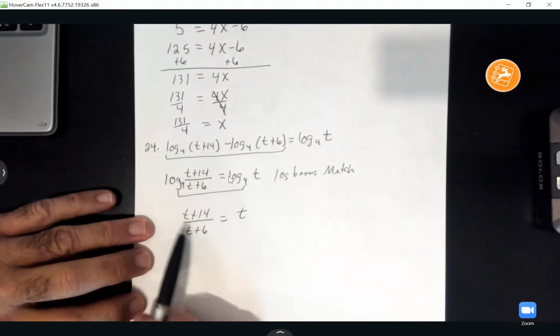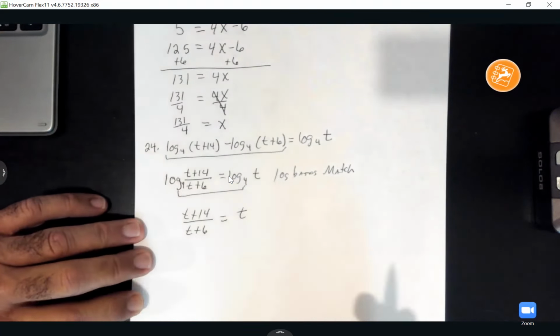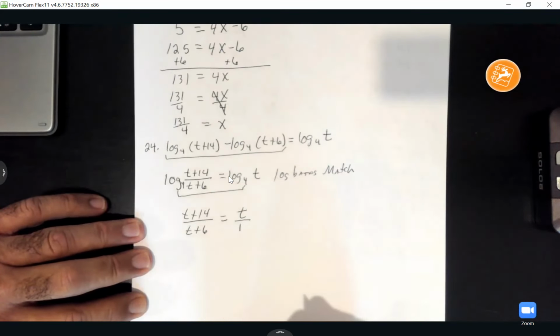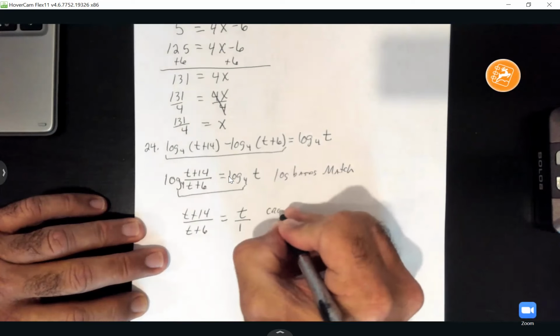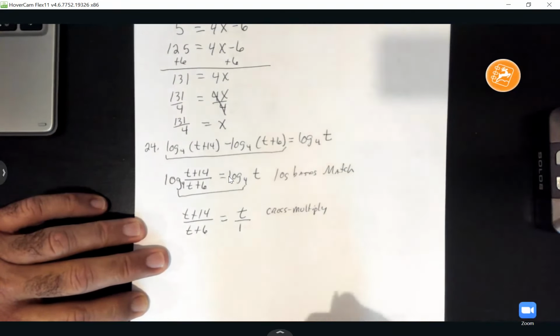So every one of us will have some kind of fraction equal to whatever our variable was. So y'all, this is where I taught us, put a 1 under that t and cross multiply this stuff.